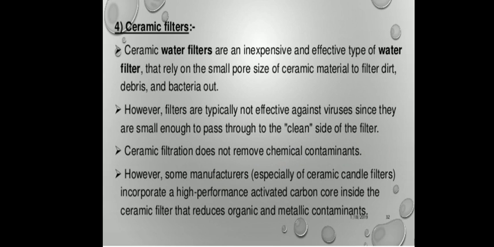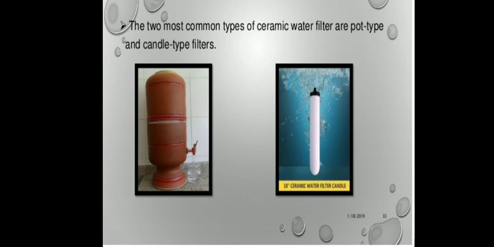And various manufacturers, what they do, they add high performance activated carbon core inside the ceramic filter, which reduces the organic and metallic contaminants. मतलब organic और metallic contaminants को remove करने के लिए this activated carbon को ceramic filters में add किया जाता है, so that these contaminants can be easily removed.